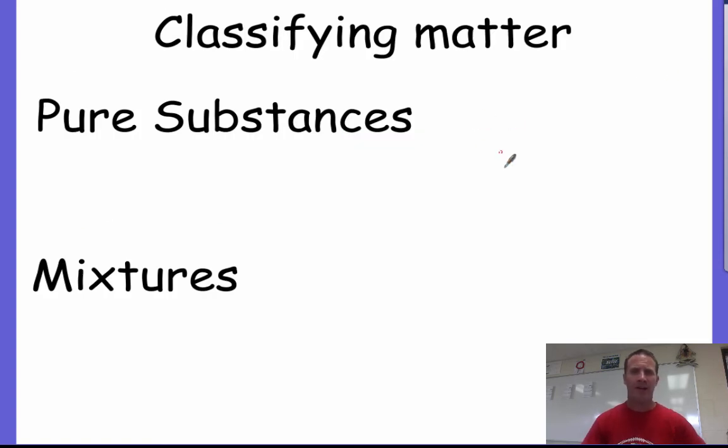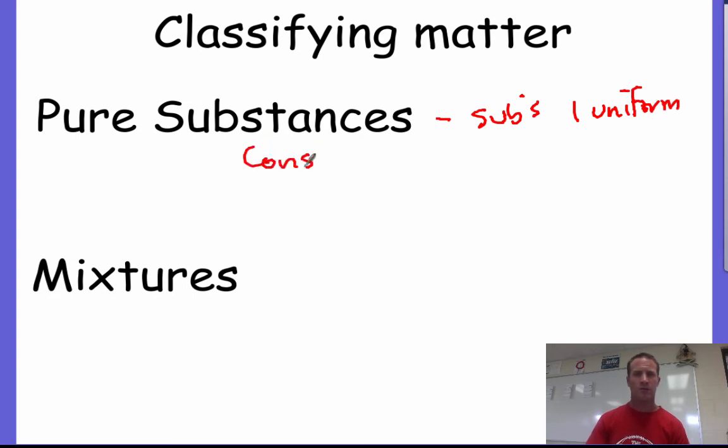A little bit about classifying different types of matter. We talked about two different classifications of matter: pure substances and mixtures. A pure substance basically is a substance that has one uniform construction. In other words, it's made of the same thing throughout. Same substance.